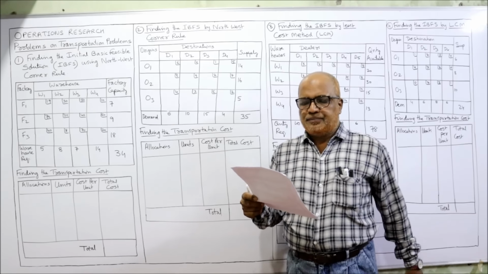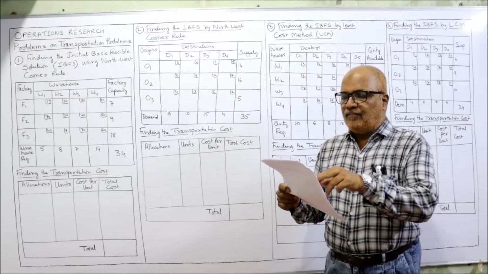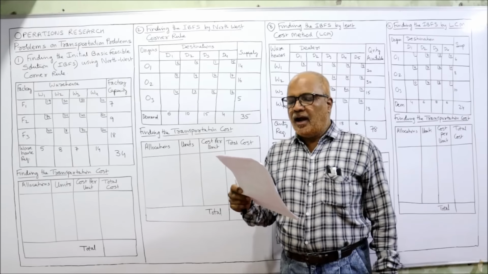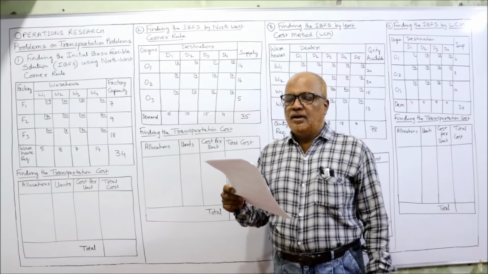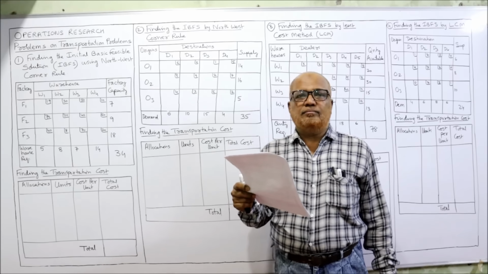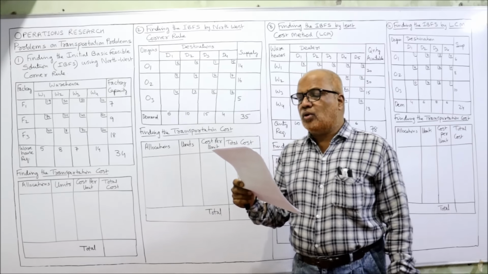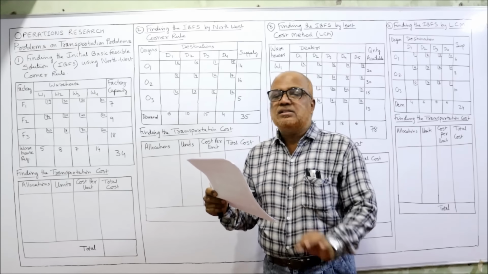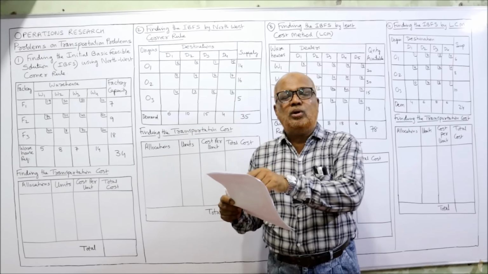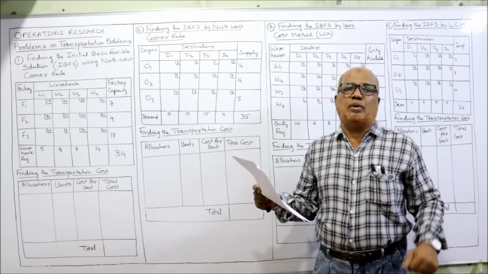The total supply from each factory: F1 is 7 units, F2 9 units, and F3 18 units. And the demand: W1 is 5, W2 is 8, W3 is 7, W4 is 14. The total is 34. That means total supply and total demand are both equal to 34.